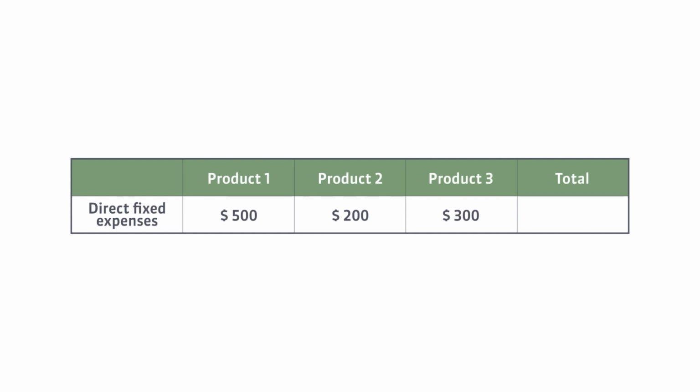In the case of our company, it looks like this. The direct fixed expenses are those fixed costs that can be traced to each product and would be avoided if the product did not exist. The total direct fixed cost of all 3 products is $1,000.